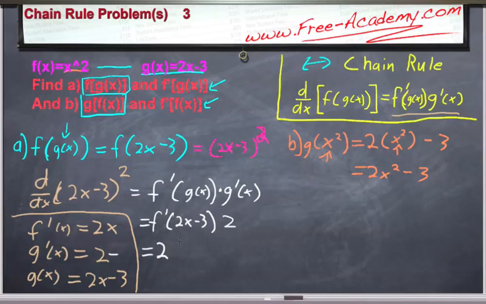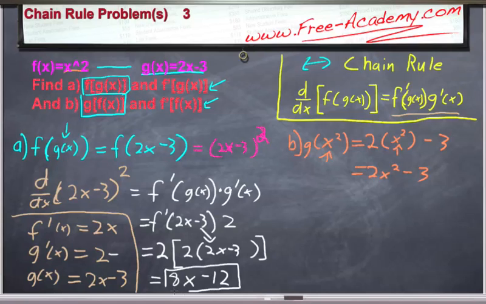So I write the 2 in front, and that multiplies our f prime, which is 2 times our placeholder, into which we place 2x minus 3. Now we multiply everything through: 2 times 2 times 2x equals 8x, and 2 times 2 times 3 equals 12, minus 12. So the derivative of f of g of x for problem A is 8x minus 12.